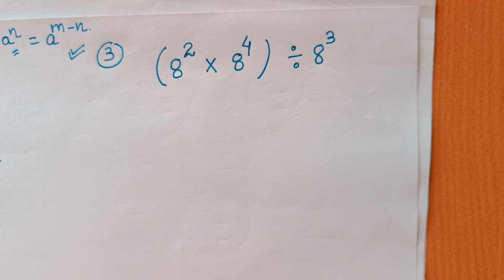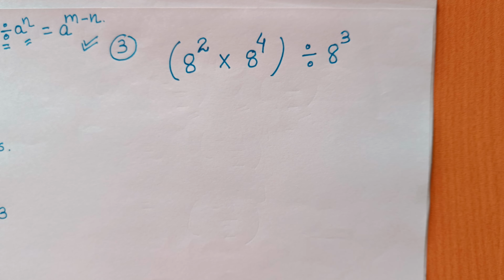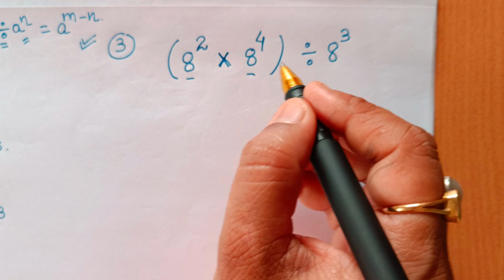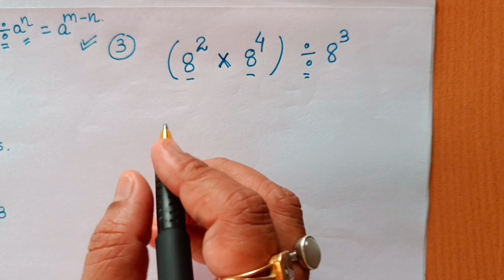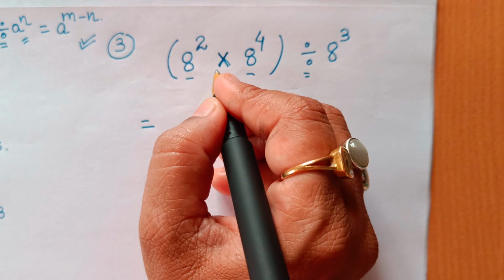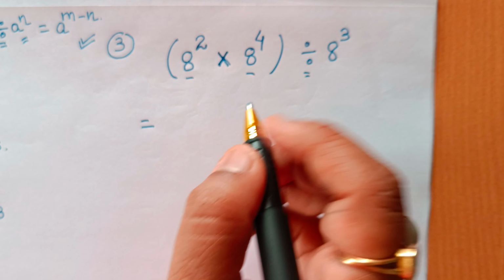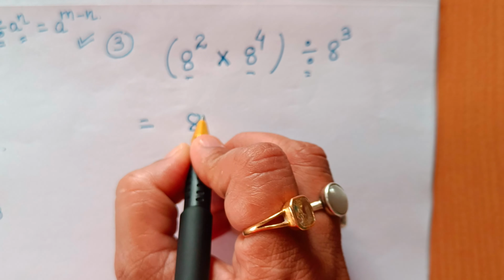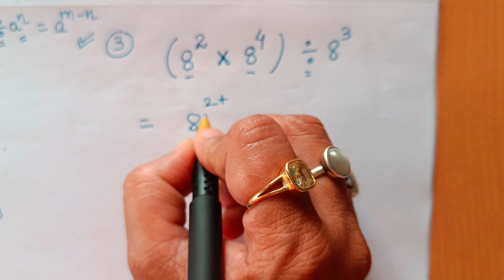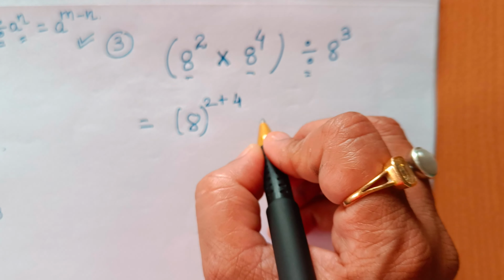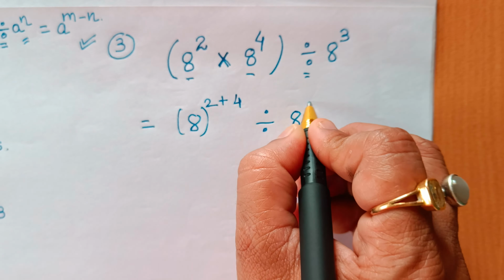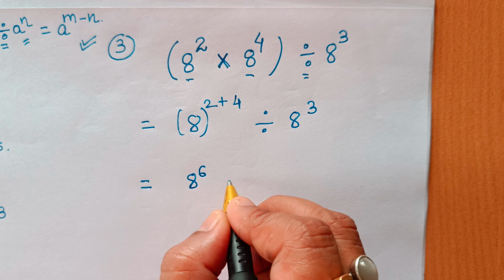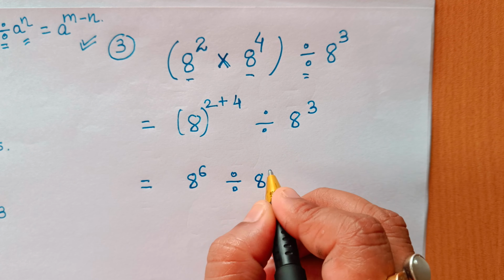Now children, in the third sum, the bases are the same and both multiplication and division operations are given. So first, for the multiplication, the bases are the same, so we add the powers: 8 raised to 2 plus 4, divided by 8 raised to 3, is equal to 8 raised to 6 divided by 8 raised to 3.